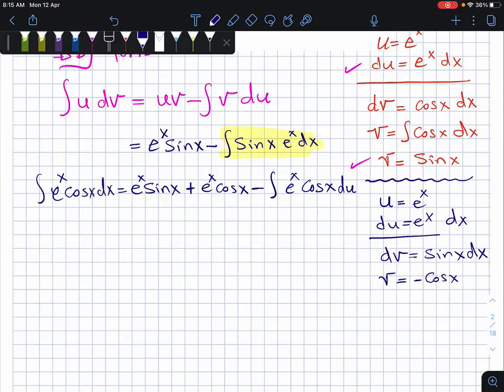Simply we know the idea of this question: we move the integral of e to the power of x cosine x to the other side and add it to the left-hand side.